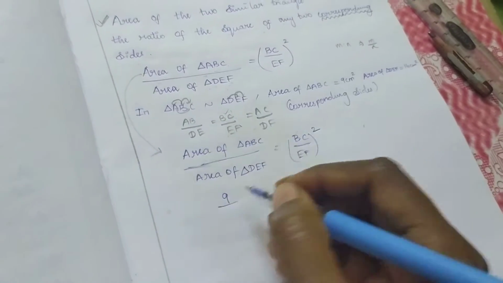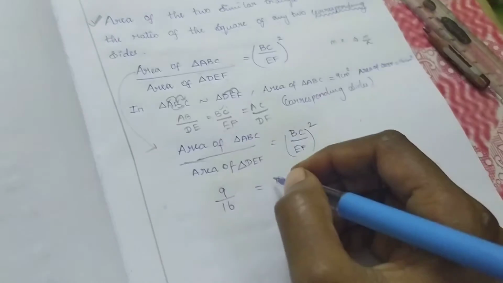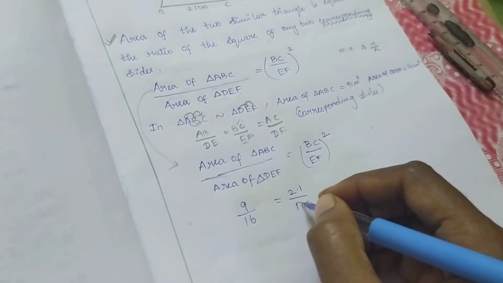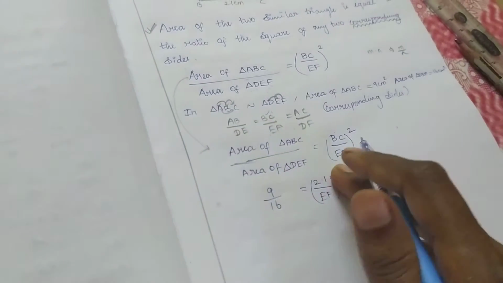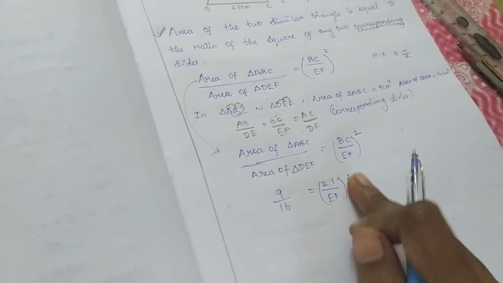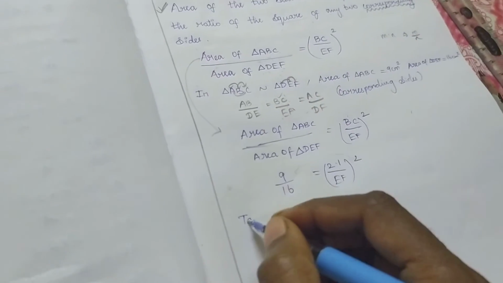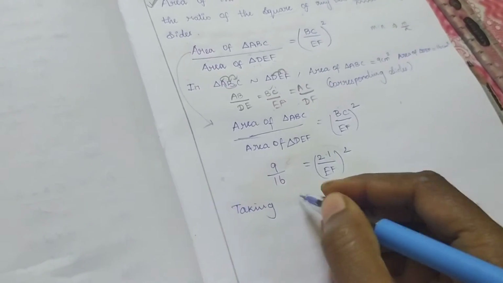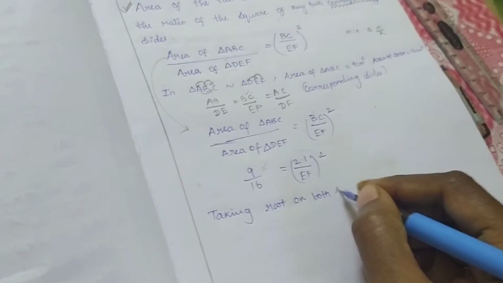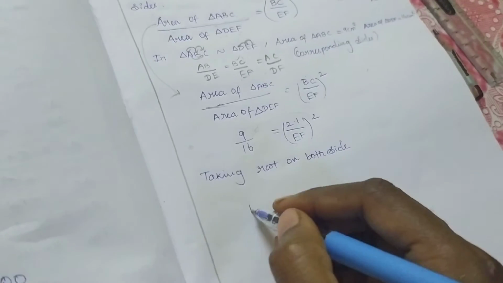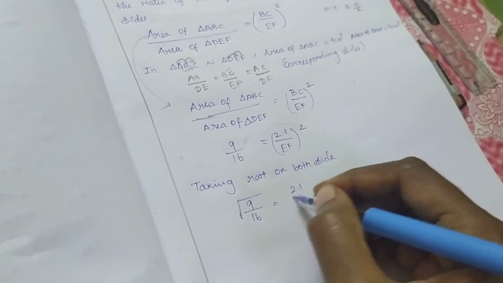So this is 9 and this is 16, equal to BC, which is 2.1, by EF, whole square. The square moves to this place, otherwise you can write taking root on both sides. So 9 by 16, the square will be cancelled, right?